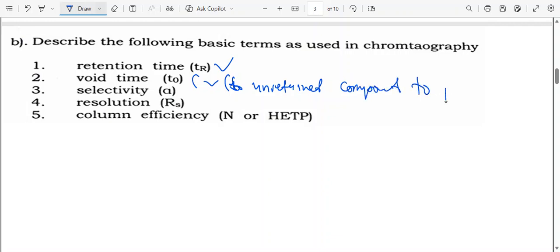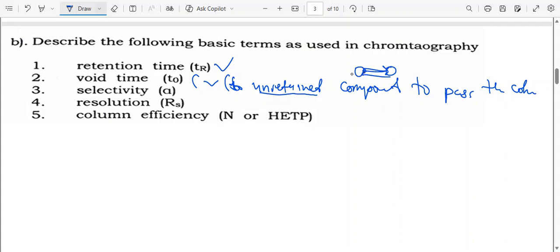That's what we call void time. It represents the mobile phase travel time, in short. So the unretained compound is the mobile phase, because we are not interested in the analyte. The time taken by that is what we call the void time.